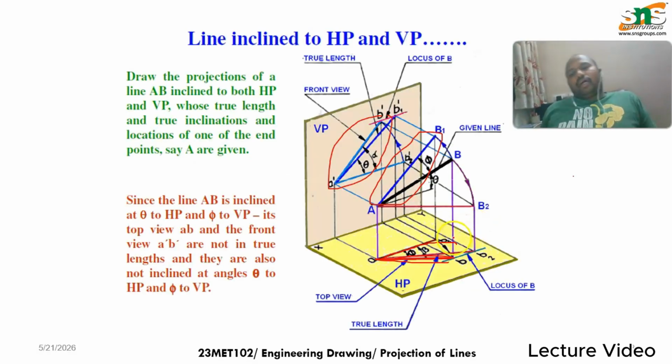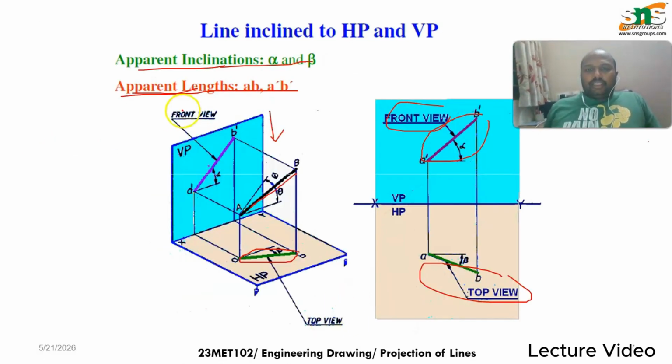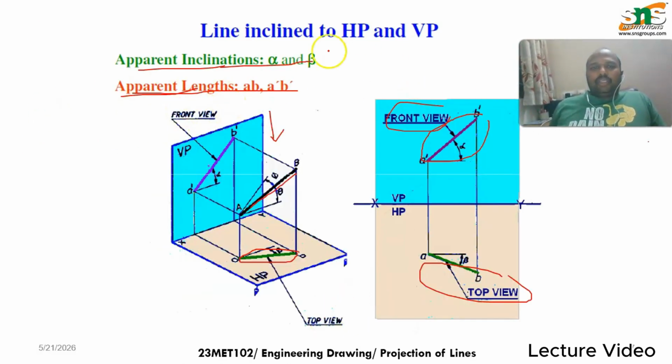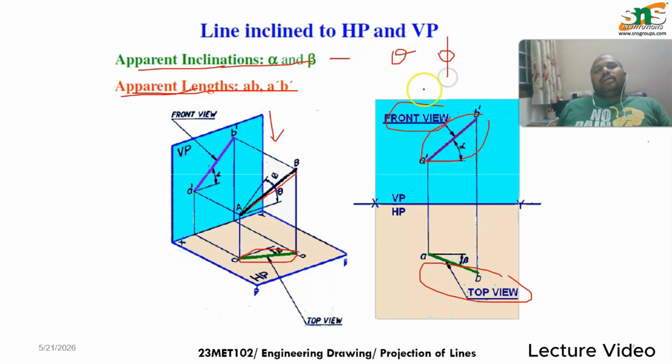I have to include one more thing here, that is these angles. These are the angles that the apparent lengths make with the reference line. So alpha and beta are the apparent angles, and in the same way theta and phi will be the angles for the true lengths.